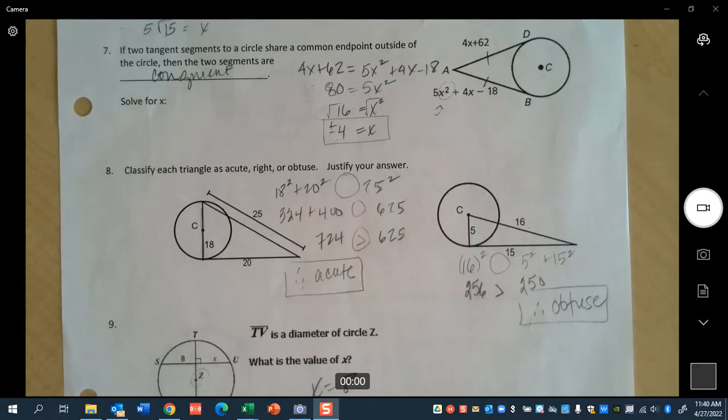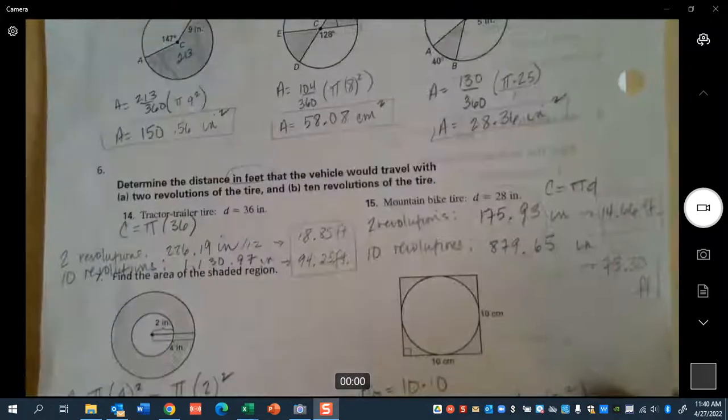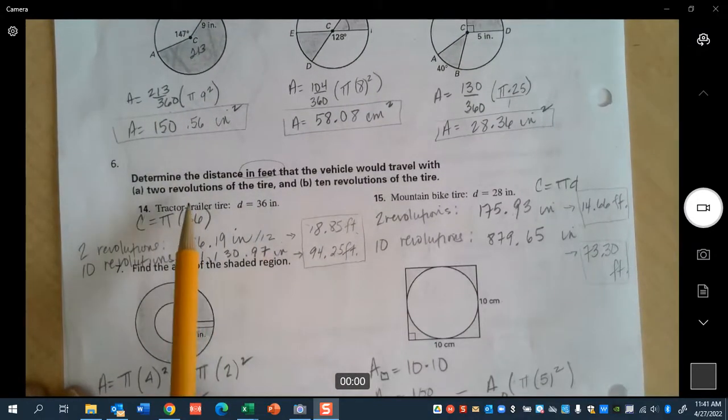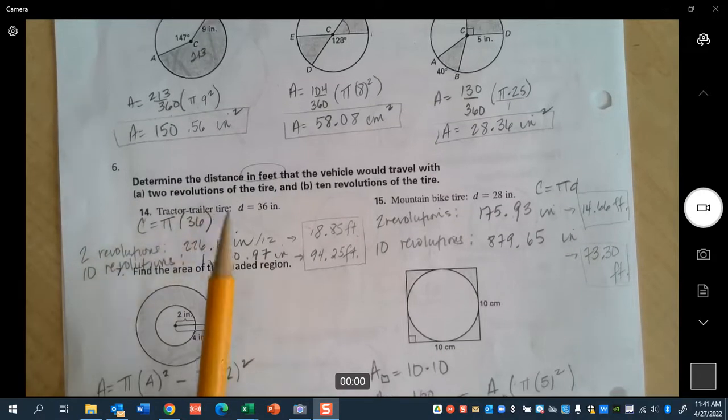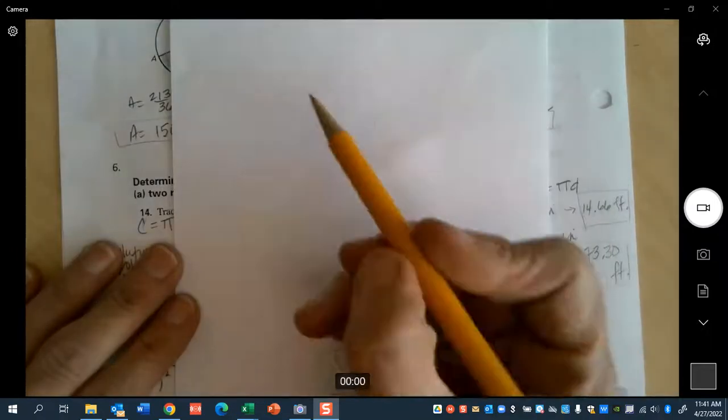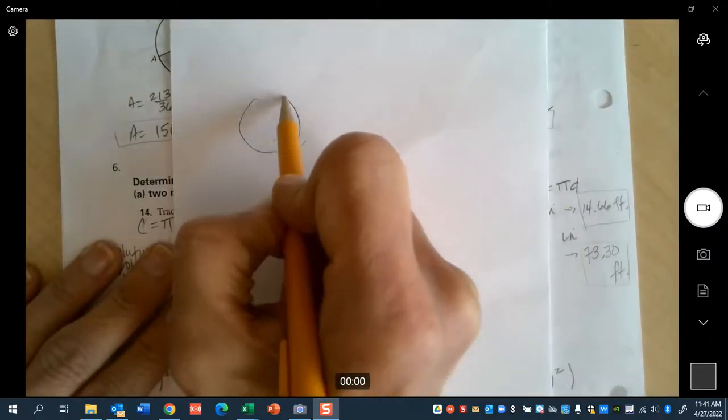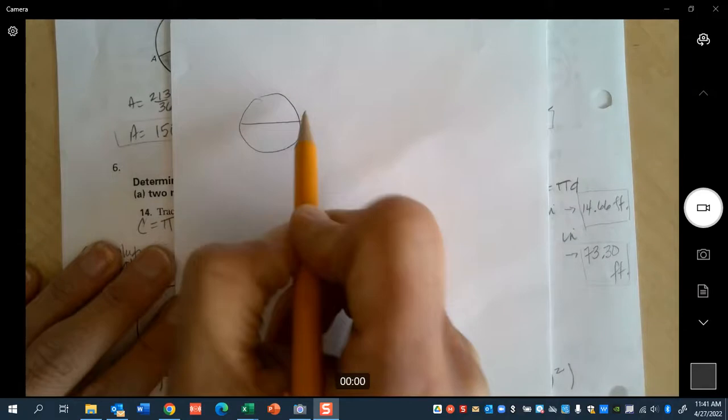I know we went over this already, but I don't think I really understand it. The one where it was like the tire rotations or revolutions. So what ends up happening is this is a tire, and that tire has a certain diameter. So here's my tire, and I know that this tire has a diameter of 36 inches.